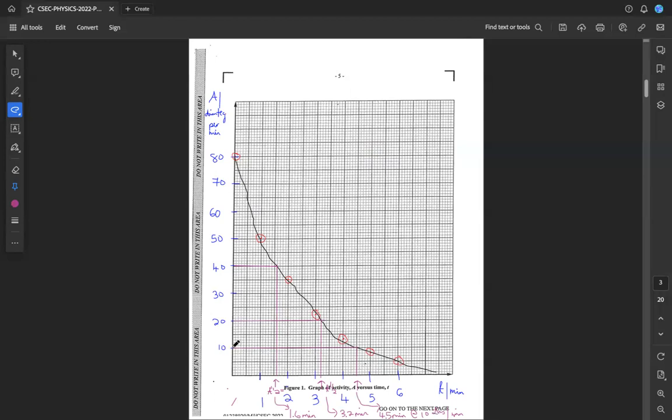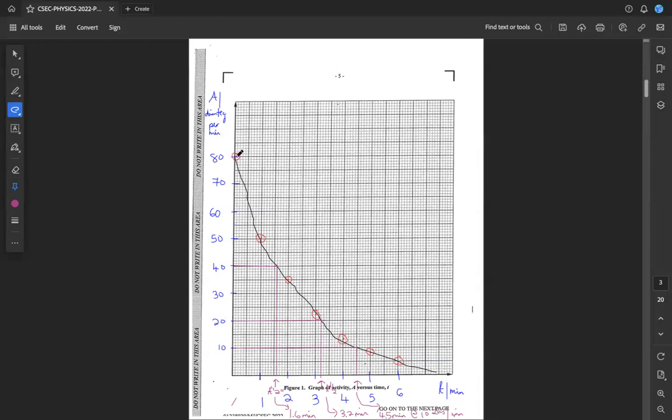So all I do is I find 10 on my graph, and I follow that all the way over to my smooth curve, and then I follow that line down to my x-axis. And when I do that, I come out at 4.5 minutes, roughly, based on my graph.